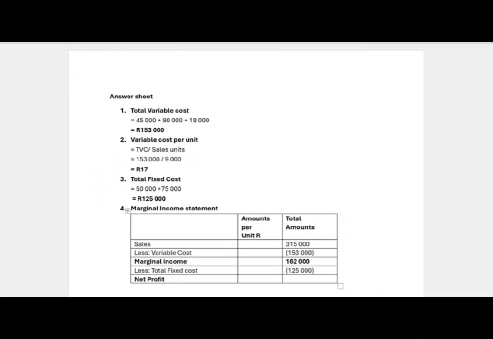That means we say 162,000 less 125,000, and then I'm getting a profit of 37,000. So that is our marginal income statement there.